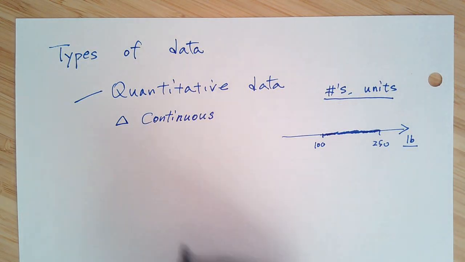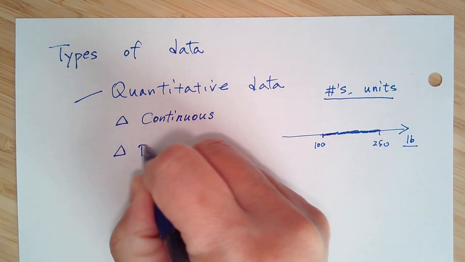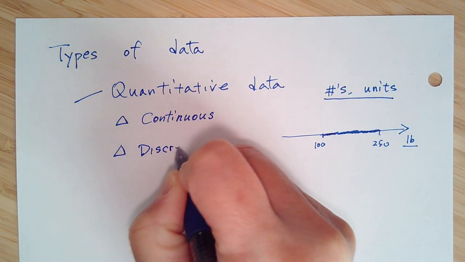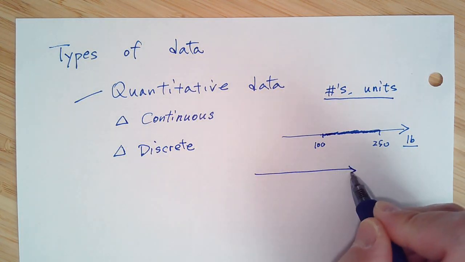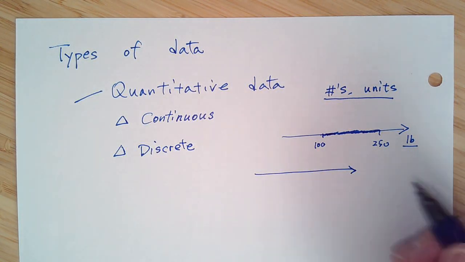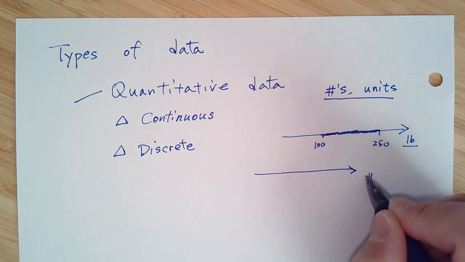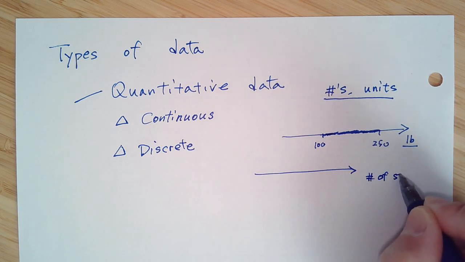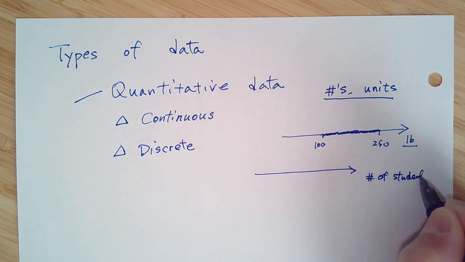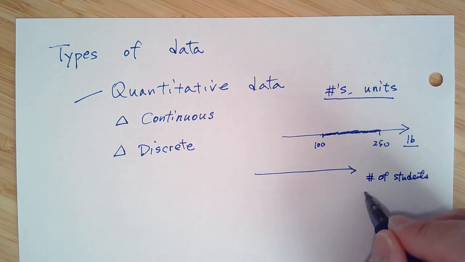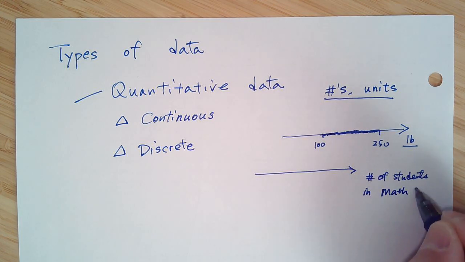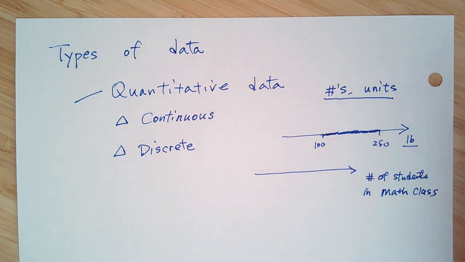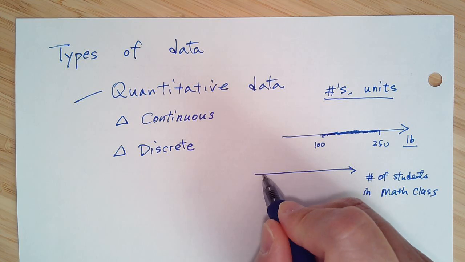And on the opposite, the other one is discrete. Discrete means if you plot the possible values on the number line, you get isolated points. For example, counts, like the number of students in a math class. Okay. So maybe the smallest one has only one student.